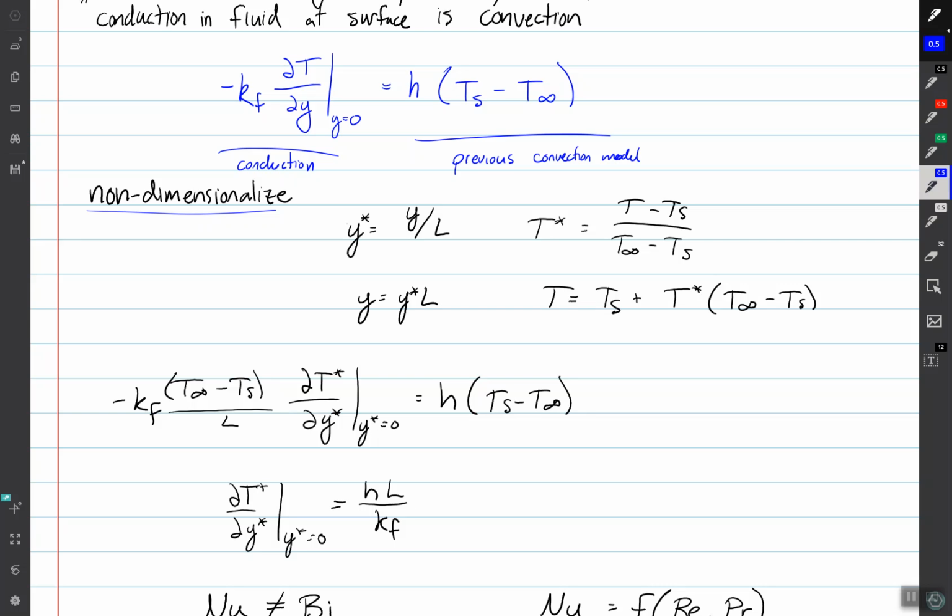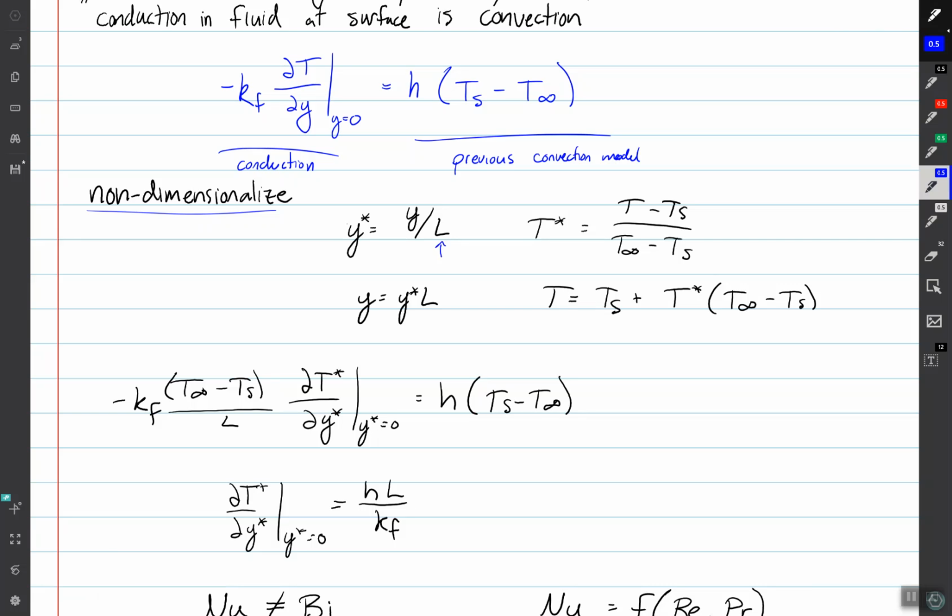So if we look at the length scale, there's going to be a characteristic length L, right? That would be in this flow along a 2D plate, maybe the length of the plate.